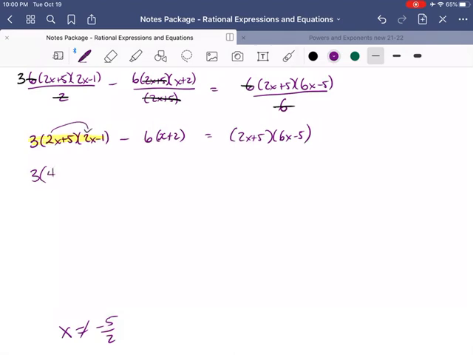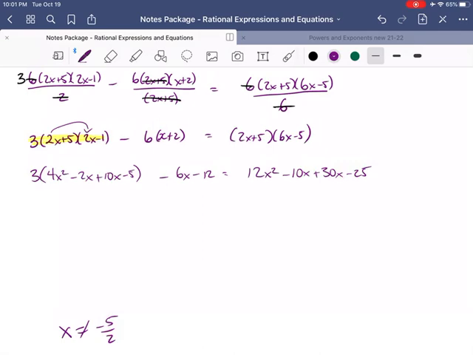So 2x, that gives me 4x squared minus 2x plus 10x minus 5. And then we get minus 6x minus 12. And that equals 12x squared minus 10x plus 30x minus 25.